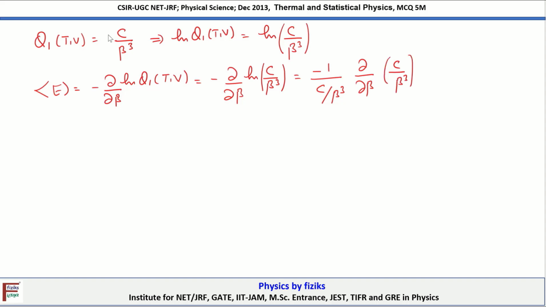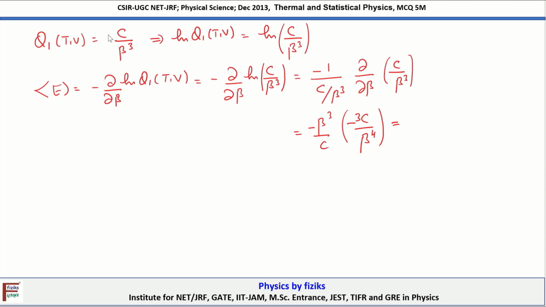And this is equal to beta cube upon C with negative sign, and then the differential of C upon beta cube with respect to beta gives us minus C upon beta 4. Then multiplying by 3 also, we get minus 3C upon beta 4.